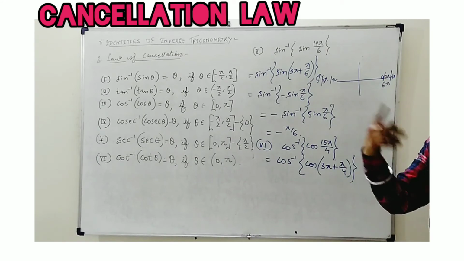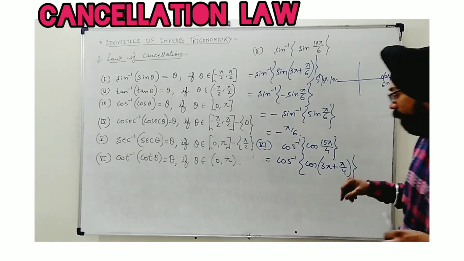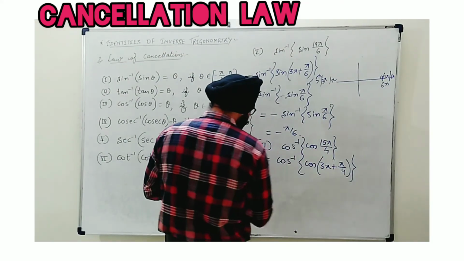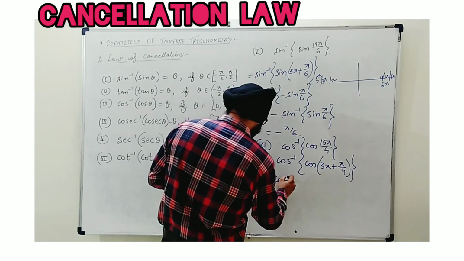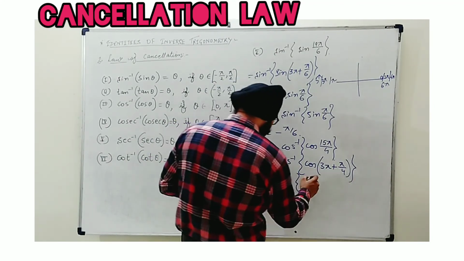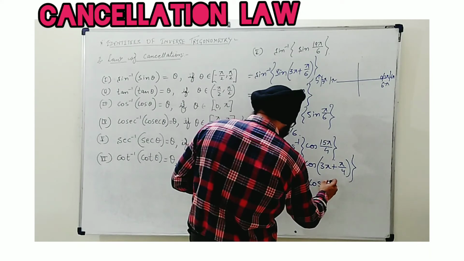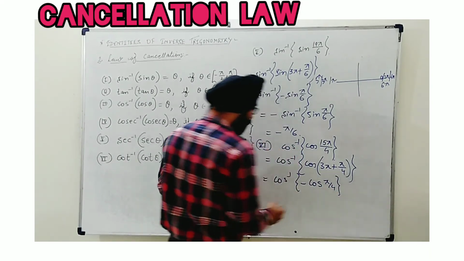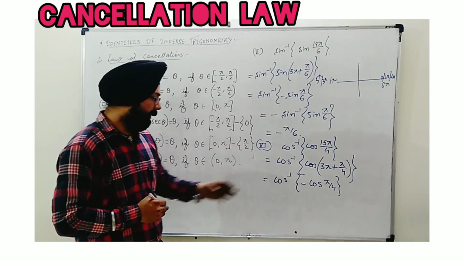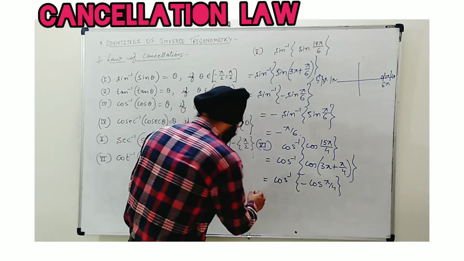Now this you have to see separately. This was not in our standard group. So cos of pi plus theta is equal to minus cos theta. And once again we have to solve it using the negative angle concept.